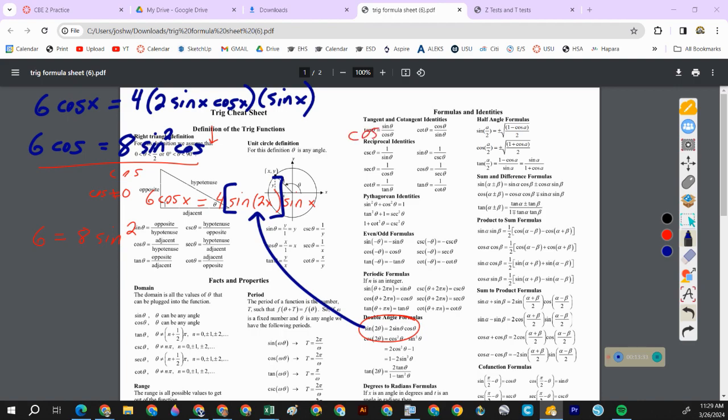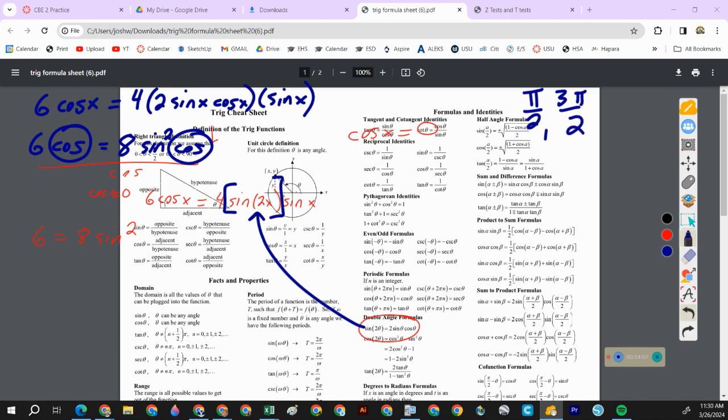But what if the cosine is 0? If the cosine of x is 0, then this becomes 0, and this becomes 0, and the equation works, right? So where is the cosine equal to 0? Cosine is the x value. That would be 90 degrees and 270, so the most simple answers would be pi over 2 and 3 pi over 2.